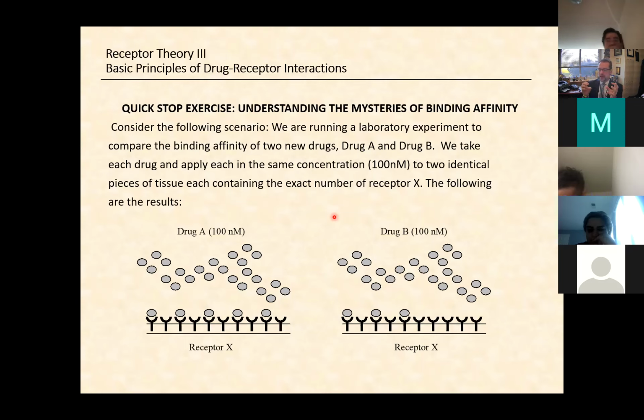Then we take a radiolabeled ligand. This is what we used to do when I was a graduate student. I don't think they use radioactivity for this much anymore, but we take a radiolabeled ligand, something that's got tritium attached to it or a radioisotope of phosphorus, and we apply it to the tissue in a massive amount so that it binds to everything.